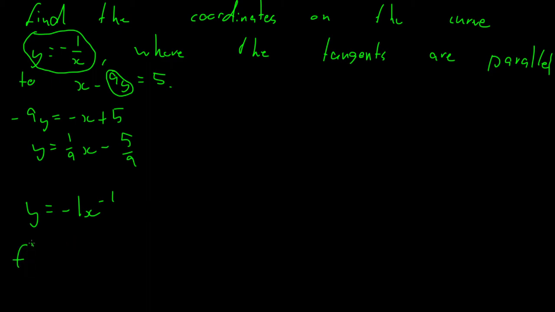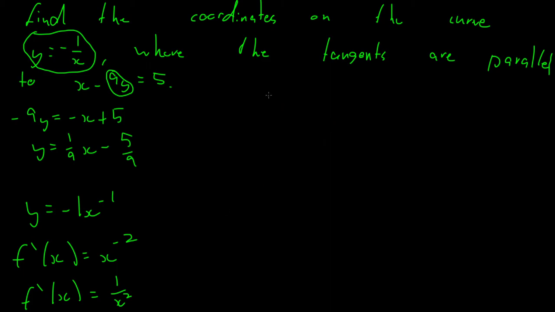From there we take the derivative. 1 minus 1 times -1 is just x to the power of -2, because of the power rule, you go down there.